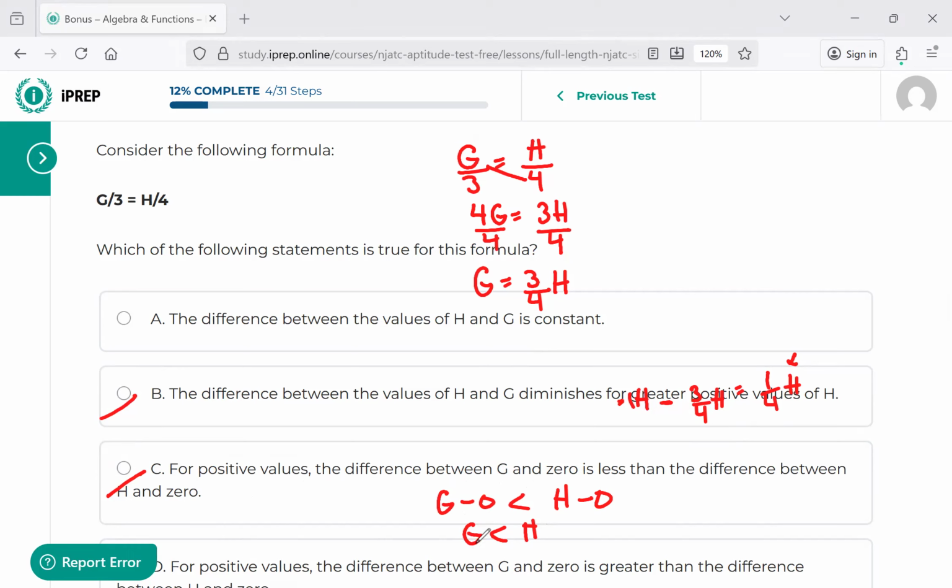And g is 3/4 h, so 3/4 h is less than h. That is definitely true, right? 3/4 h is less than 1h, yes. So it's going to be C.